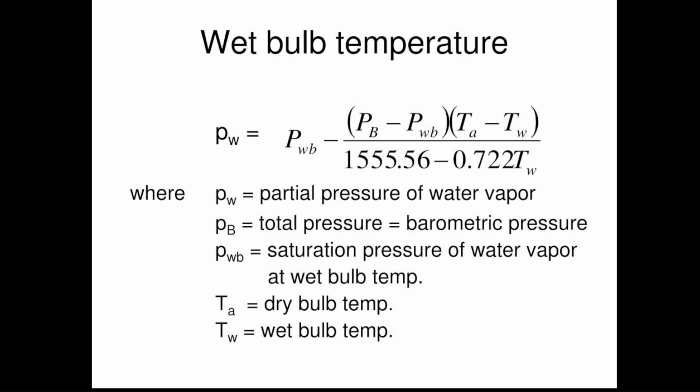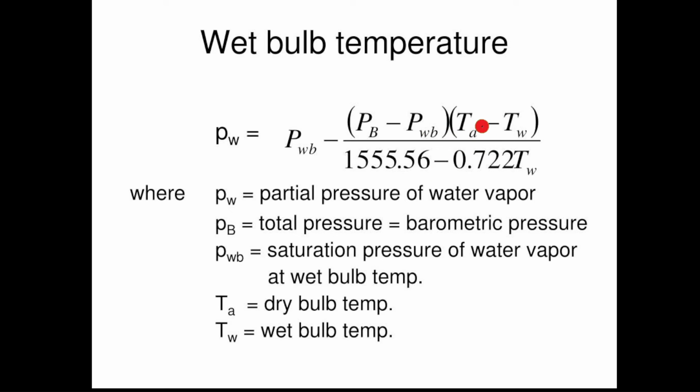And then I have a few equations here I wanted to show you guys. So here is the wet bulb temperature calculation. This is the partial pressure of water vapor, which is equal to the saturation pressure of water vapor at wet bulb temperature, subtracted by the total pressure, or barometric pressure, minus the saturation pressure of water vapor at the wet bulb.